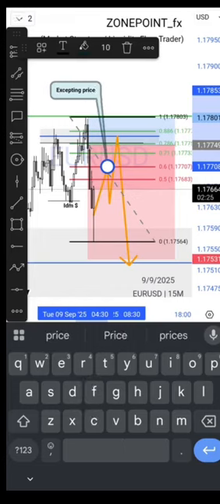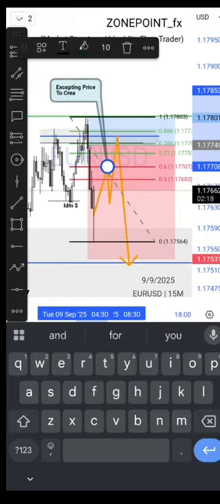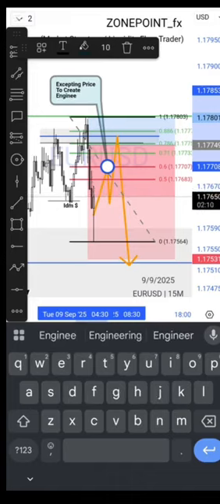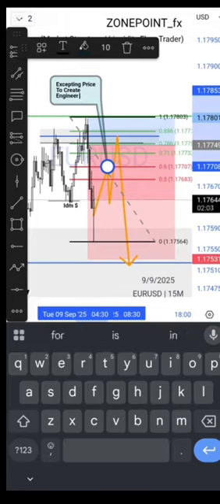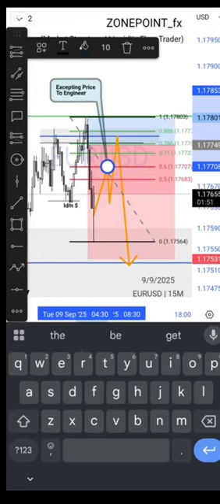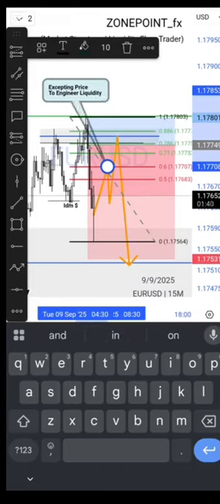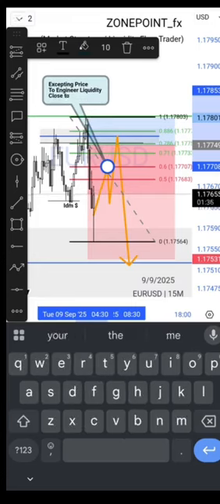expecting price to engineer liquidity close to my key level.